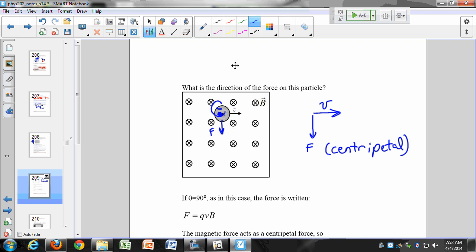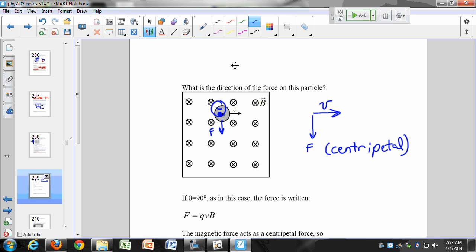So here, my V is in that direction, the magnetic field is into the page. So you're right, the force would be up, except that this is a negative particle, and so that makes the force opposite of what you find.